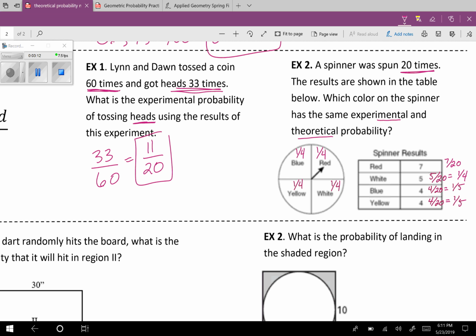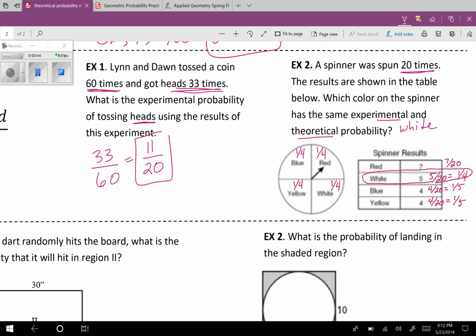Now we need to see which one of the experimental probabilities was the same as the theoretical. So 7 out of 20, no, not the same thing as 1/4. 1/4, well, that's the same thing as 1/4. So which color had that probability? White. So white had the same theoretical and experimental probability, but blue did not and yellow did not.